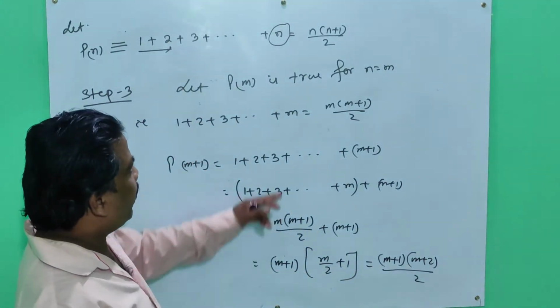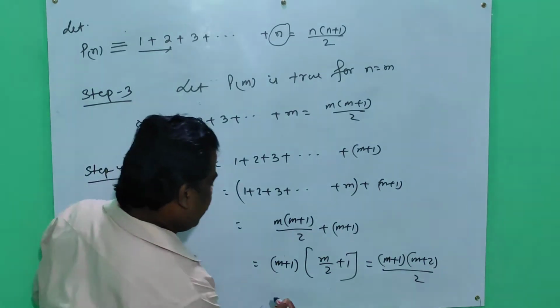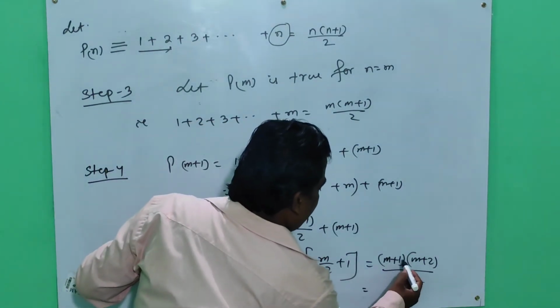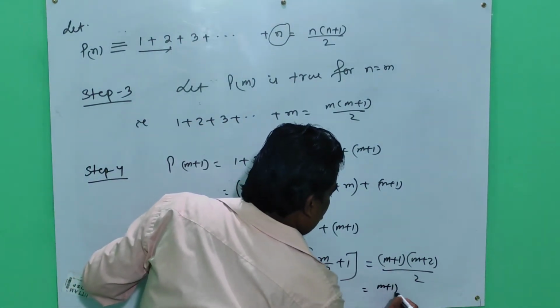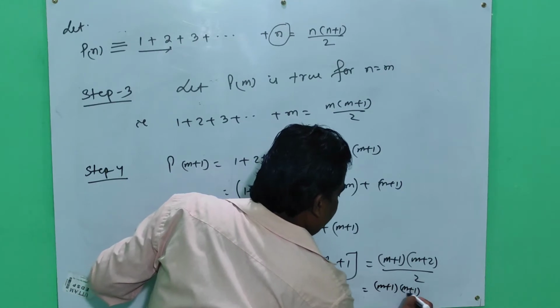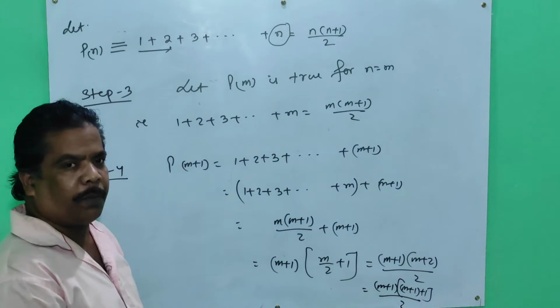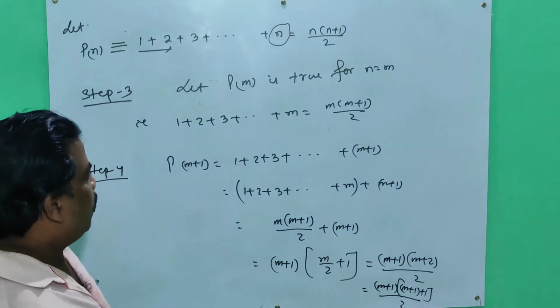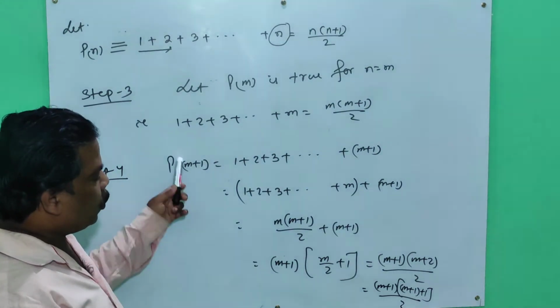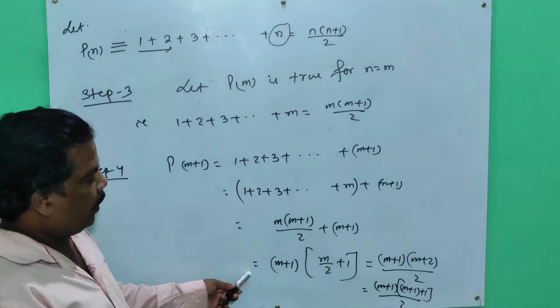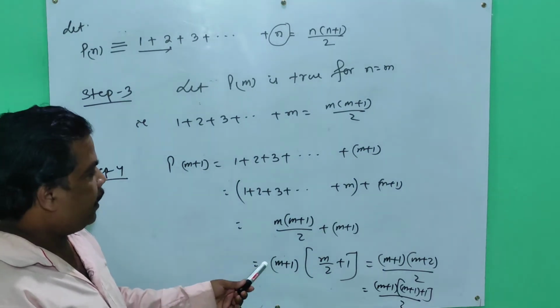Now we find when n is equal to m plus 1, that is equal to n into (n plus 1) by 2. So the given statement is true when n is equal to m plus 1.